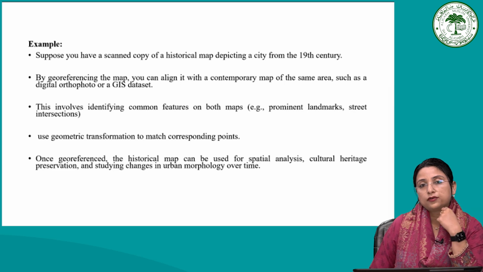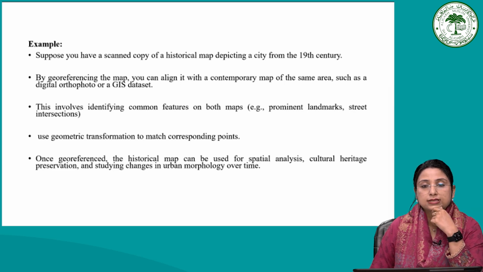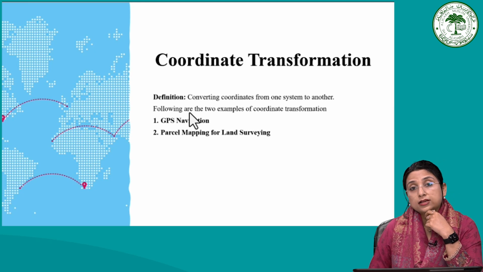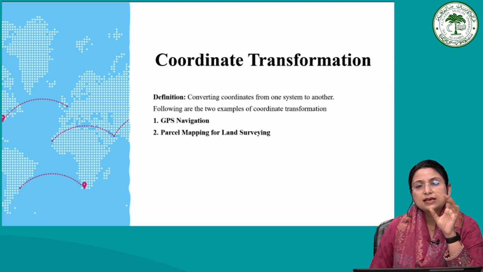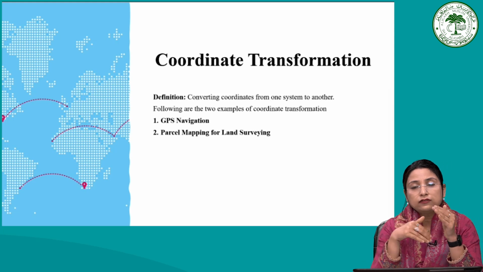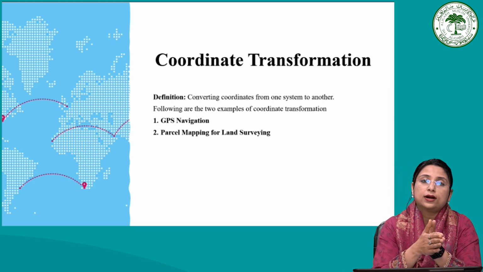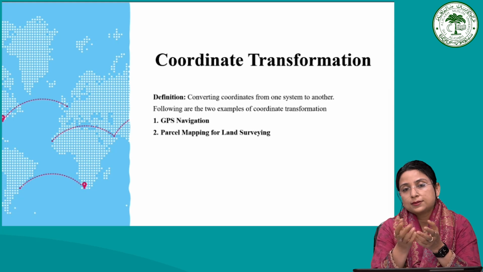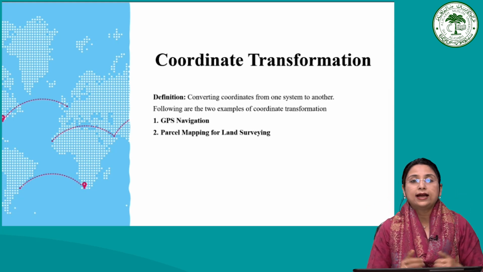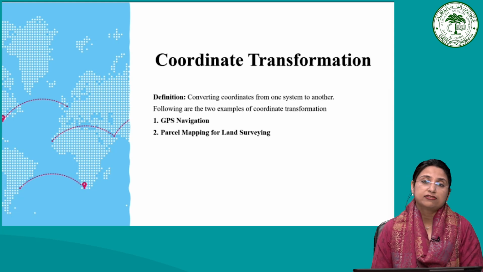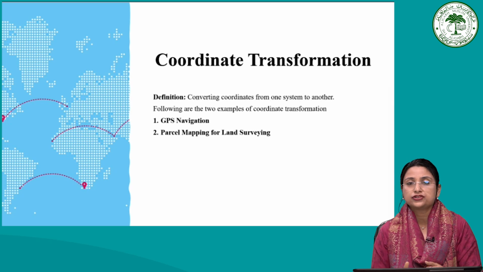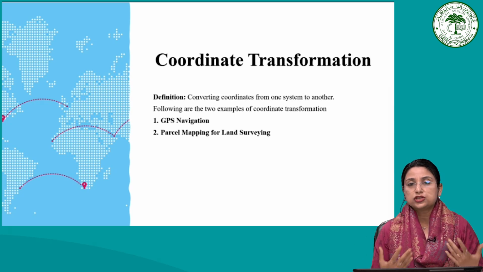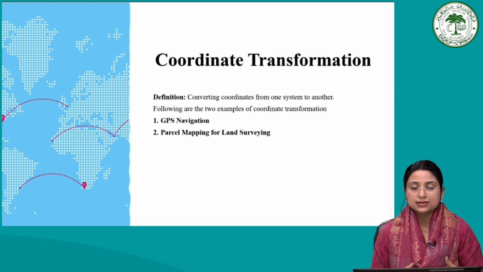Now the second type of transformation we are going to discuss is coordinate transformation. Coordinate transformation simply involves the conversion of coordinates from one coordinate system to another. We know that spatial data are generally acquired from different sources, maybe satellite imagery, aerial photographs, drones, GPS, or a number of other sources.